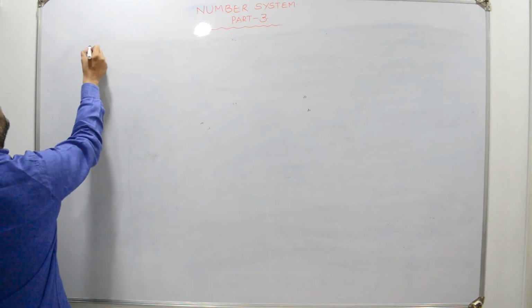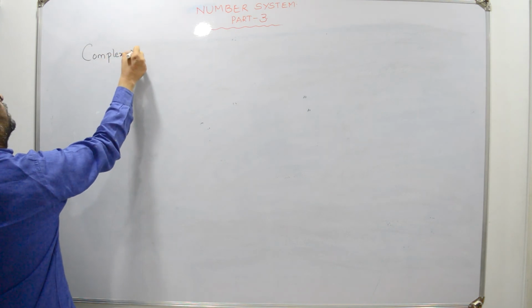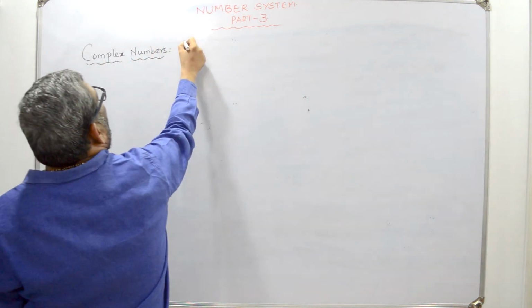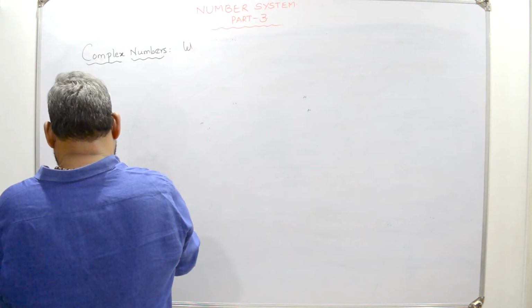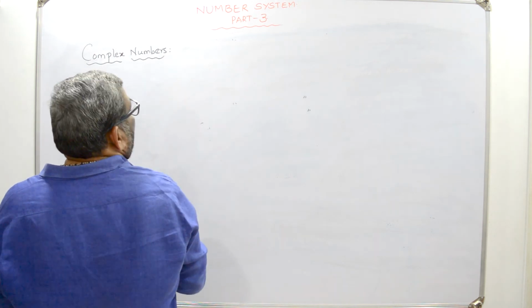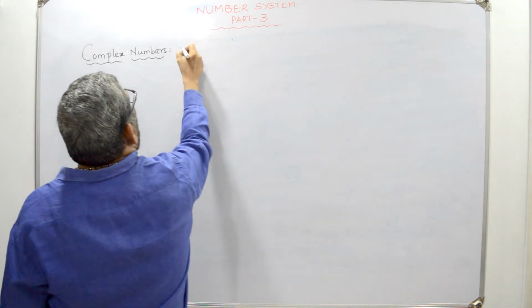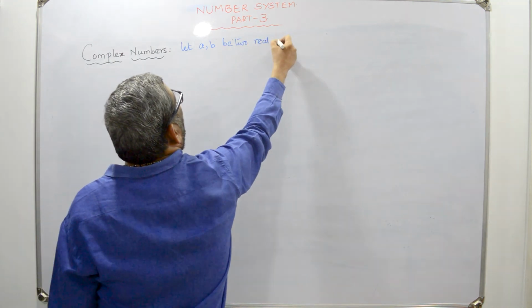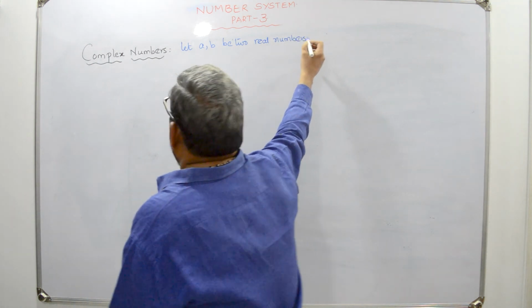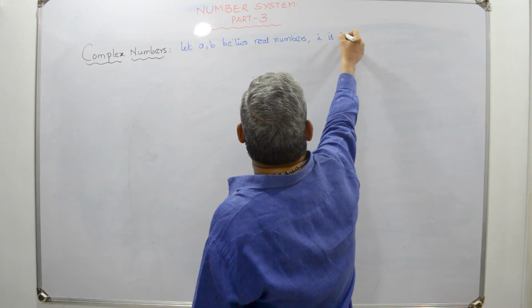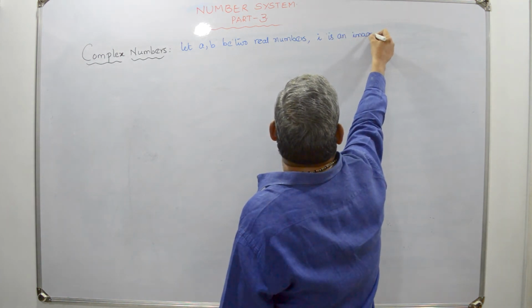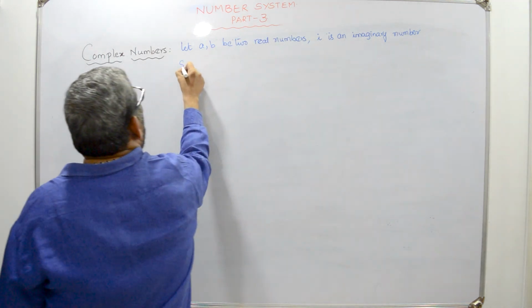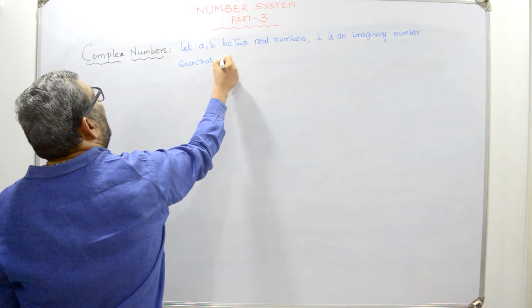Finally, we discuss complex numbers. Let a, b be two real numbers. i is an imaginary number such that i square equals minus 1.